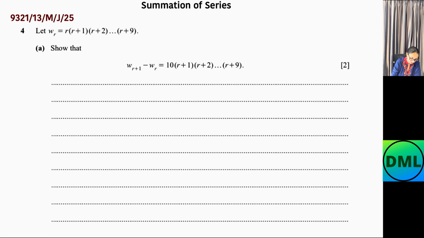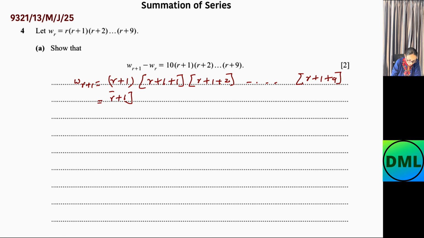Let's do it here. W_(R+1) is written as (R+1)(R+1+1)(R+1+2) and so on till (R+1+9). This will be written as (R+1), (R+2), (R+3), and so on till (R+10).